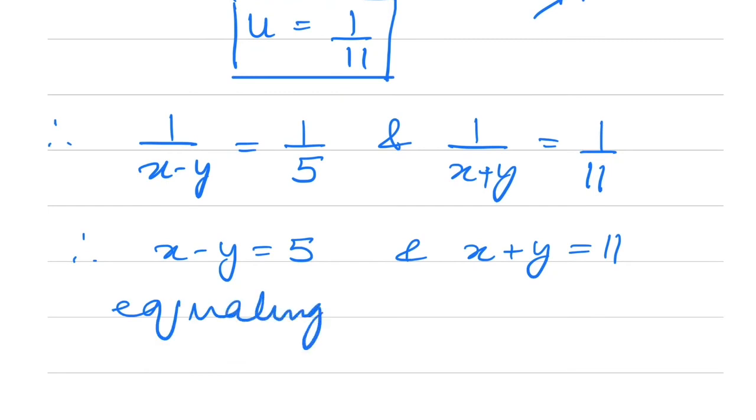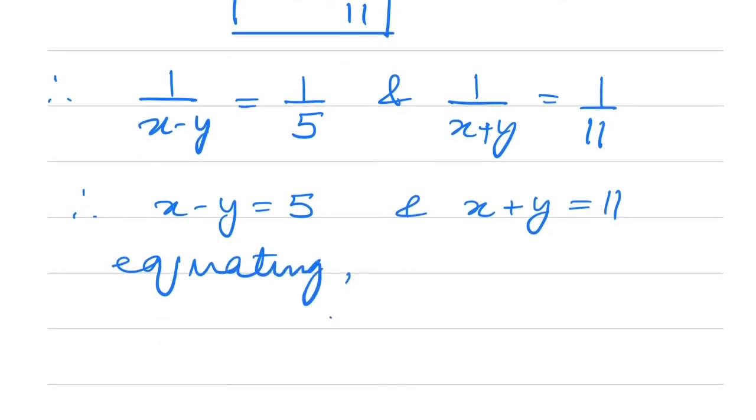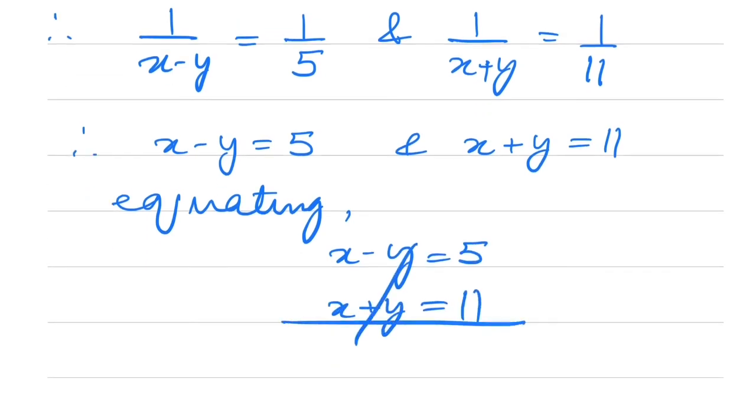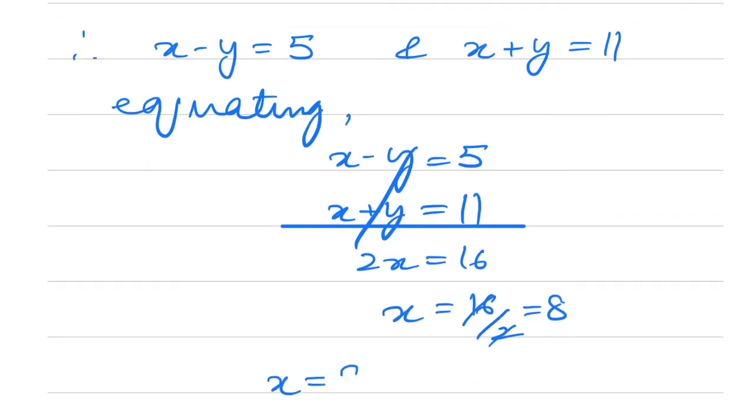Adding, the y terms get cancelled and we get 2x is equal to 16, x is equal to 16 by 2, so we get 8. So x is equal to 8.